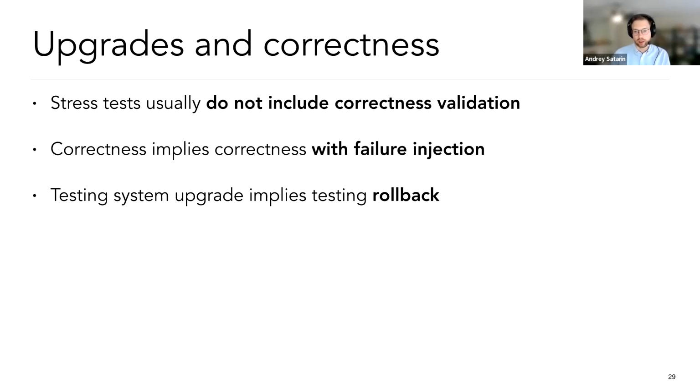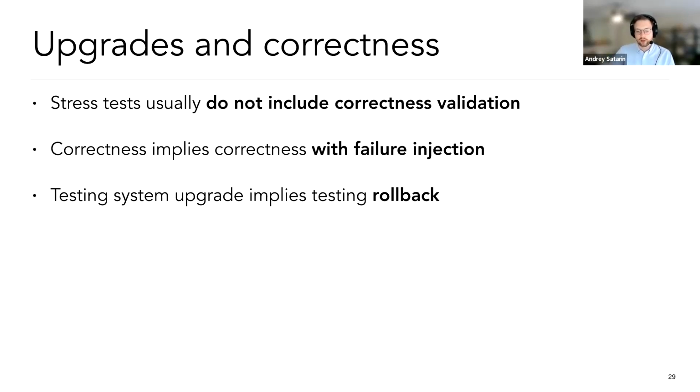Traditionally, stress tests don't have correctness validation, because we imply that the system works correctly and we're interested in its performance. Also, correctness for distributed systems specifically implies correctness with failures. In the testing scenario, it means failure injection. In the real world, it means nodes failing, networks failing, things like that.